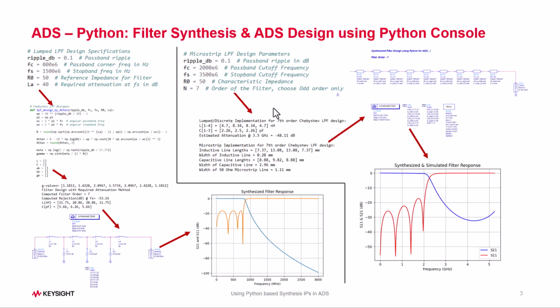Similarly, for the second example, I will again start with a given set of specifications for a high frequency low-pass filter design, compute all the related parameters, and then create a schematic with microstrip line, defining the microstrip substrate, and then perform simulation. It's going to be a pretty interesting video, so I hope you will stay till the end, grab everything I talk about, and make the best use of it at your own site.